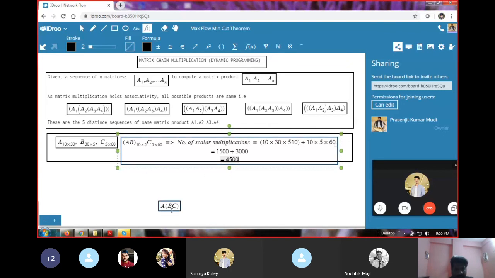And what about A into BC? Can you compute the number of scalar multiplications and get me the result? Please try to find out how much it is.